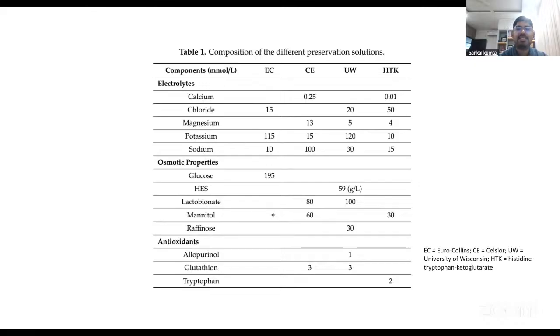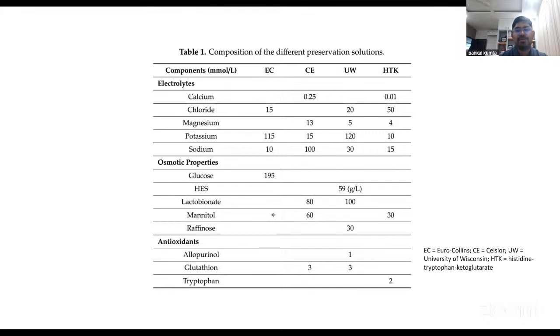University of Wisconsin or HTK, the histidine, tryptophan, ketoglutarate infusion: UW tends to be more intracellular, with more lactobionate and raffinose as we spoke about, while HTK has more mannitol, and has histidine, tryptophan, and ketoglutarate as its supportive components, and HTK replicates extracellular fluid. As you can see here, in HTK the sodium is higher than the potassium, while in the University of Wisconsin the potassium is much higher than the sodium. So that is typically an intracellular fluid.